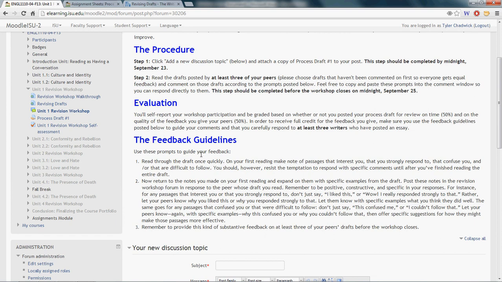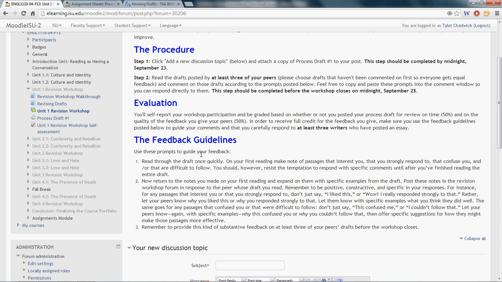Now, go back and return to the notes you made on your first reading, and then expand on those with specific examples from the draft. So: I didn't understand this part here, and this is why I didn't understand it. Then maybe you can offer some feedback or a suggestion, to say, maybe you could say it this way, or maybe you could add something a little more to explain what you're talking about.